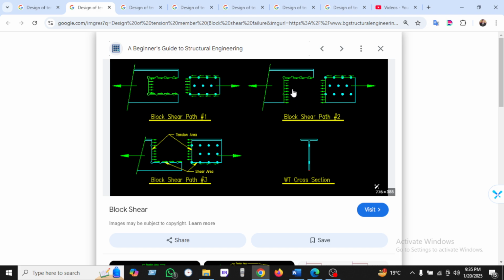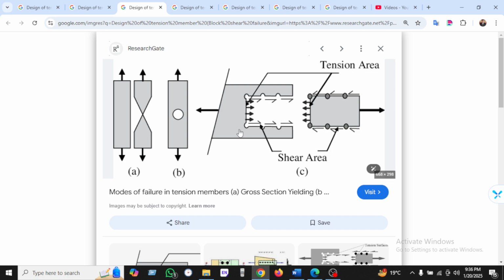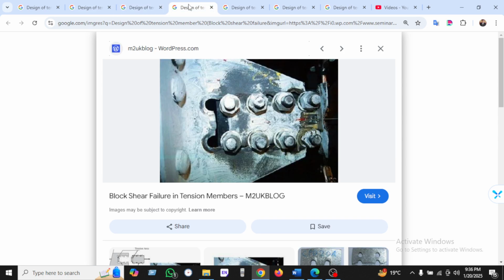In path 2, only the bottom portion comes out, and in another path, the top portion comes out when the load is applied. Here is another picture showing the block shear failure mode. All the plate comes out when we apply the load, so it is called block shearing.